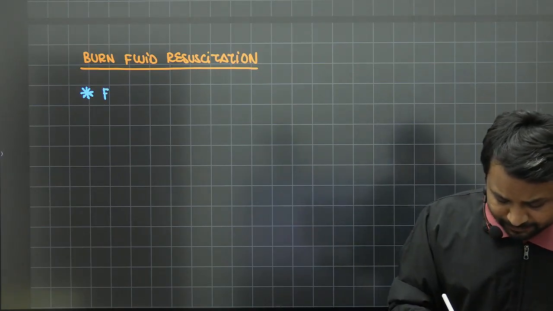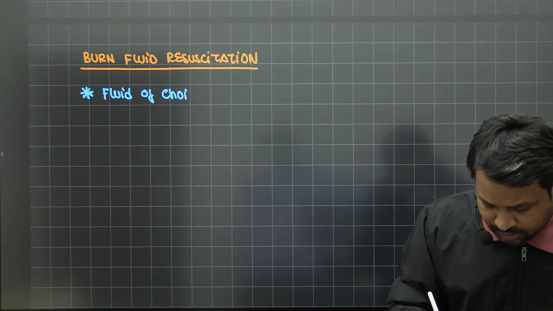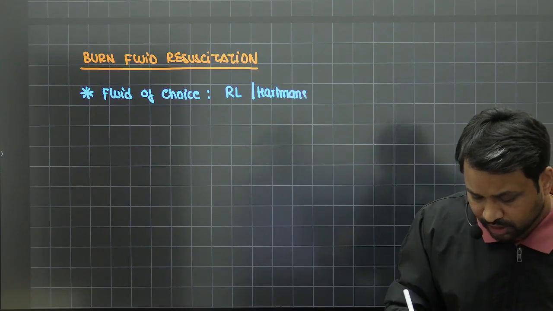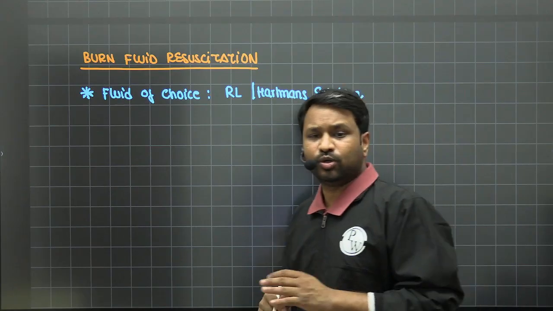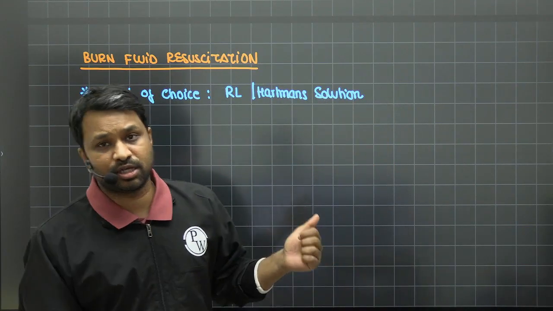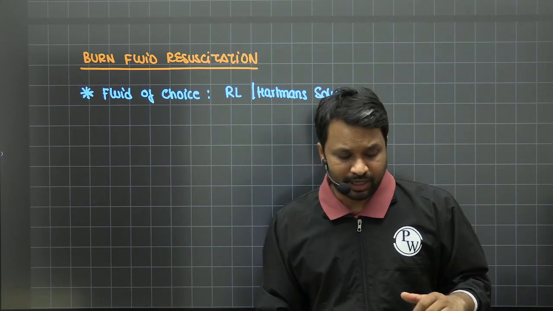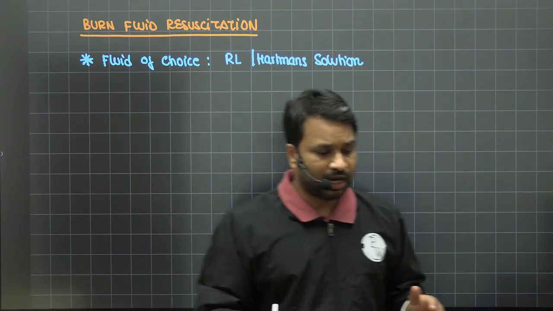The fluid of choice is going to be Ringer lactate, or you can give Hartmann's solution. They are almost similar, but if you want to know the exact difference, you can refer back to our lecture on shock where we spoke about various kinds of fluids and their compositions. So yes, the fluid of choice is Ringer lactate or Hartmann solution.